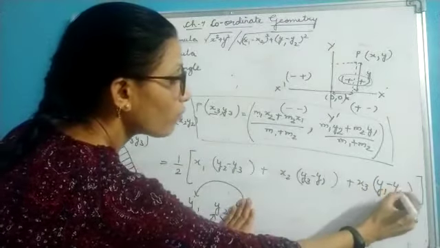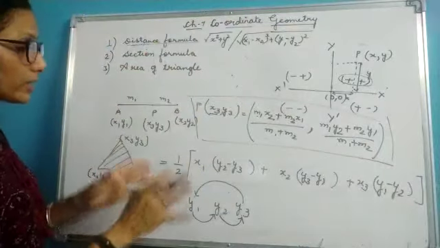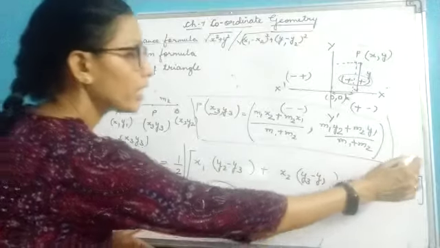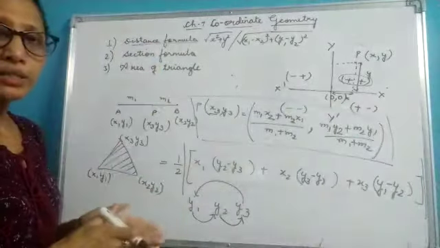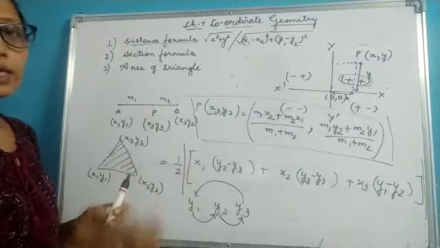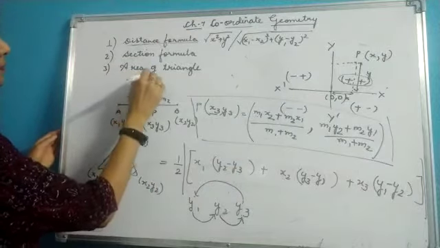So this is the formula for finding the area of triangle. And since area cannot be negative, this is completely taken into mod value. Mod means if you are getting a negative value, then also you have to write it as positive, because area cannot be negative.